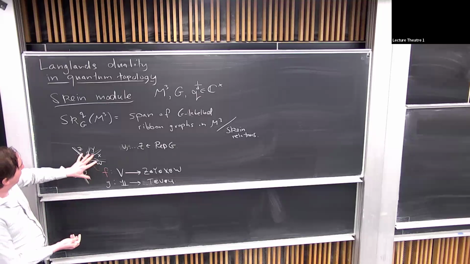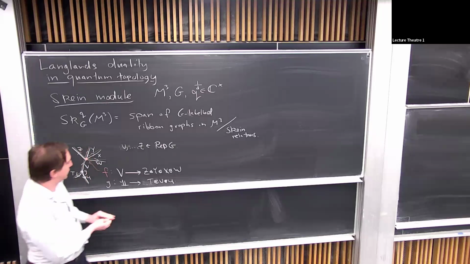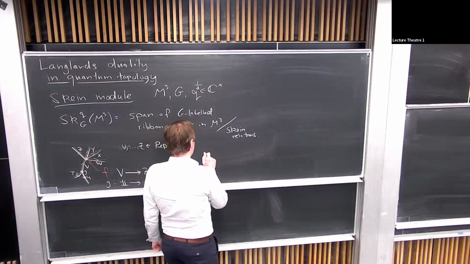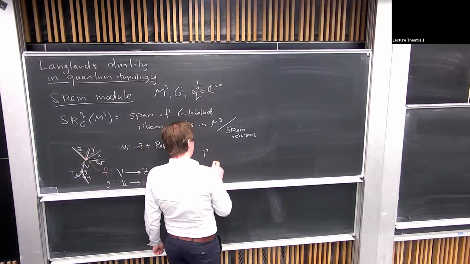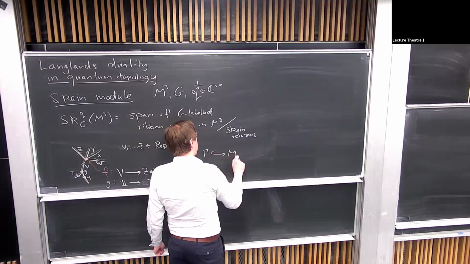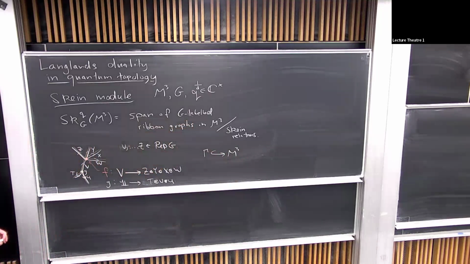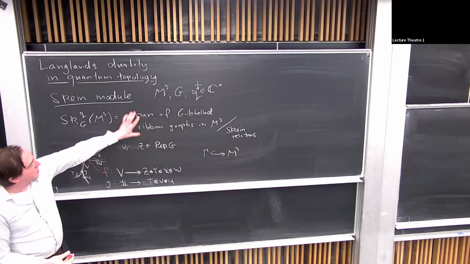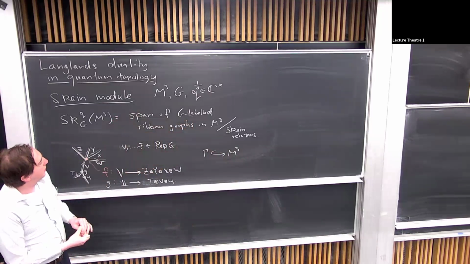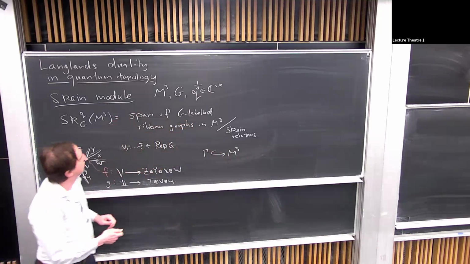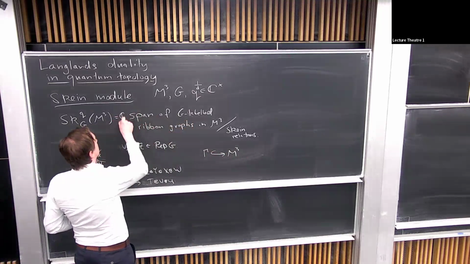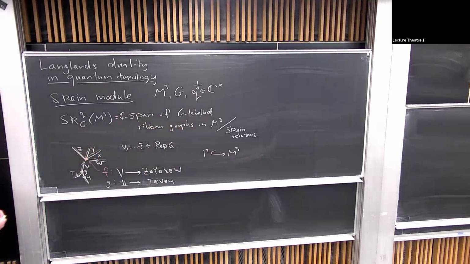And what we want to do is consider embedded graphs. So we want to consider G-labeled graphs. Gamma is a G-labeled graph. We want to embed that in our three-manifold. And we want to take a span over our ground field, say C, of these things.